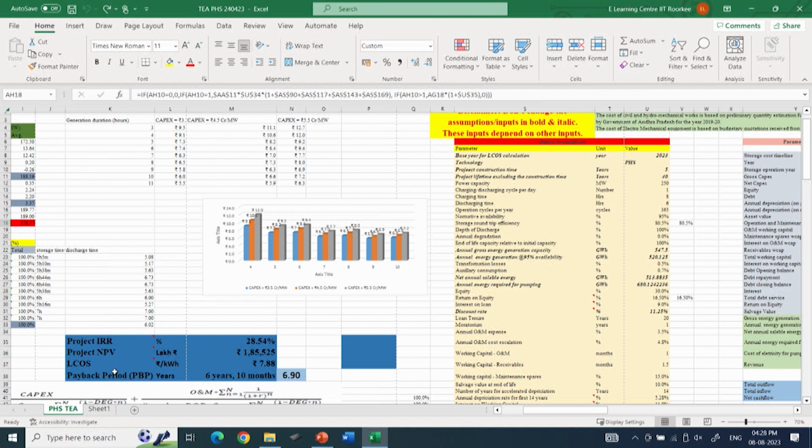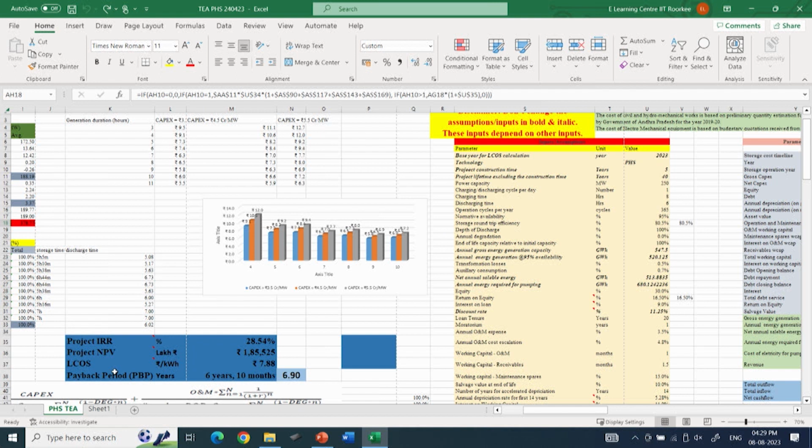IRR and NPV both give you the profitability, but IRR also tells you how fast the money is returning to you. LCOS gives you the levelized cost, or the average cost, at which electricity would be sold or produced, and the payback period gives you the estimated amount of time in which you would be able to recover the capital. Different firms might have different minimum or maximum values attributed to each of these four factors.